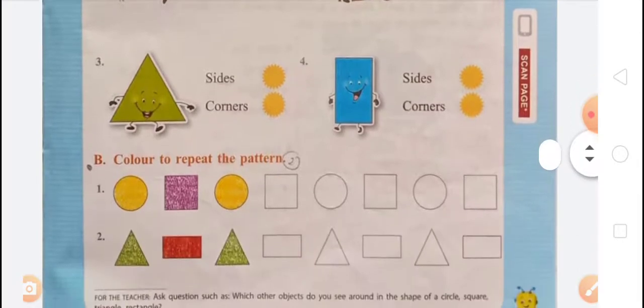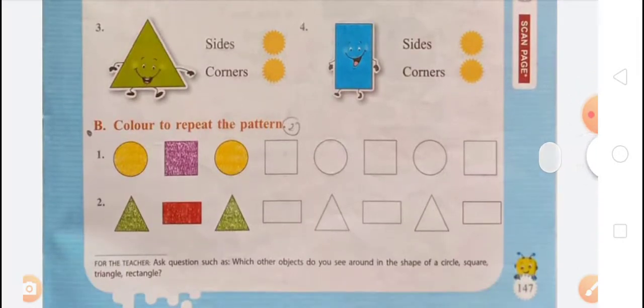Come on, next question: color to repeat the pattern. You have to color to repeat the pattern. There is a pattern given. In the first, there is a circle colored yellow and a square colored purple.